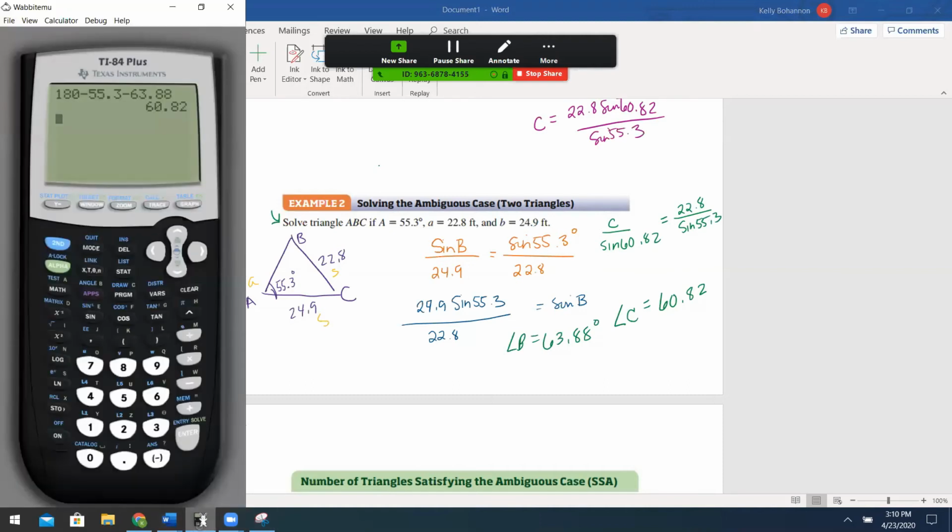Let's plug that in the calculator and get side C.